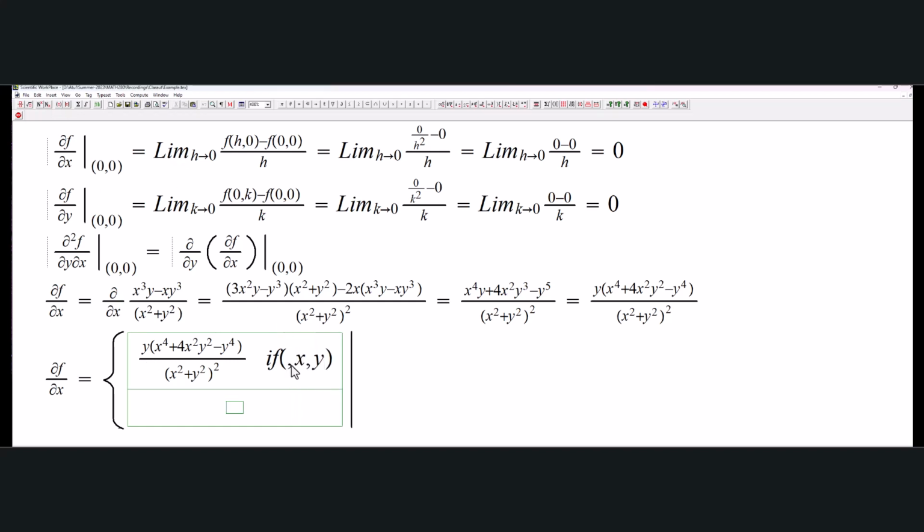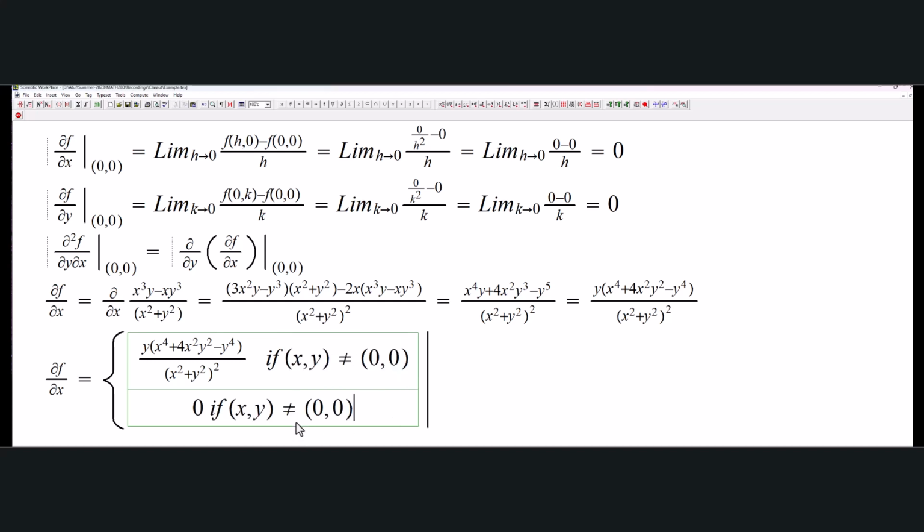Okay, and what did I do? Right, it is not equal to 0, 0, and so here we are, and it is equal to 0 if xy is equal to 0, 0.